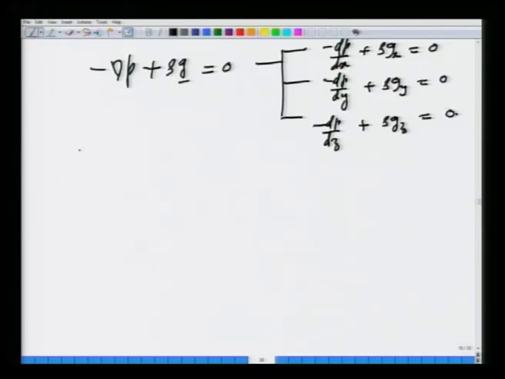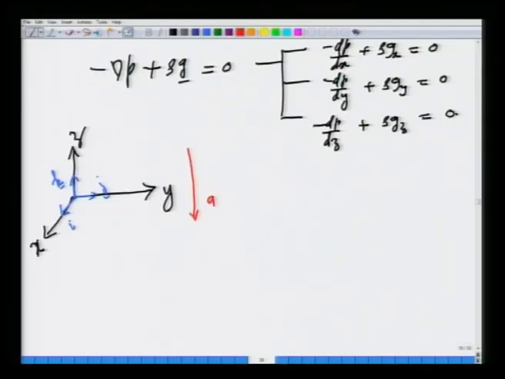So, it is conventional in fluid flow to align the gravity vector vertically along one of the coordinate axes. Suppose I call these axes x, y and z, and the 3 unit vectors are i, j and k, and gravity is acting downwards. So, the vector g is written as g times minus k.